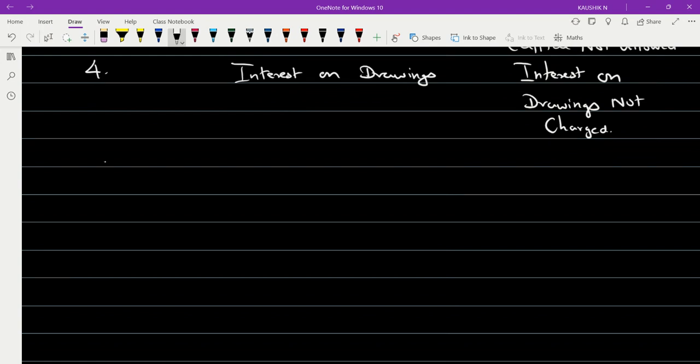The next one is all about interest on loan. When it is talking about interest on loan, which loan it is, you have to be very careful. It is talking about the loan given by a partner to the firm.